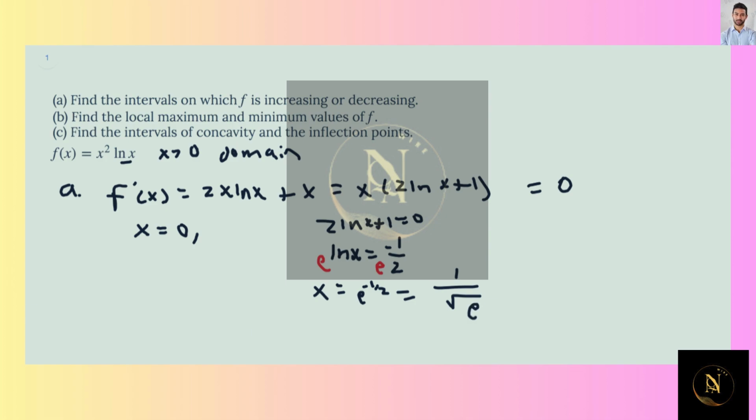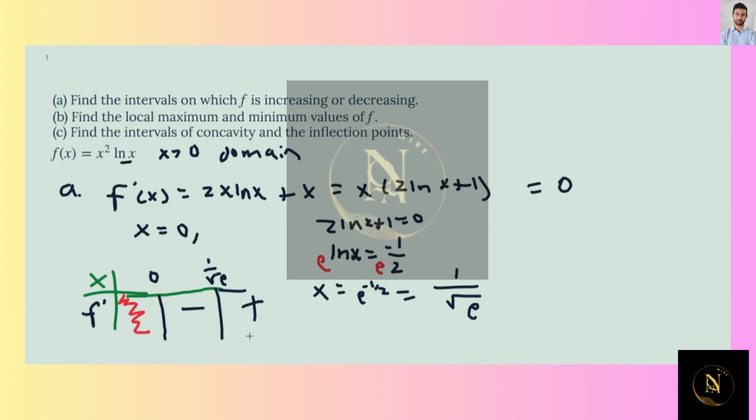So now we are going to apply a sign chart. Since we are looking at the values 0 and 1 over the square root of e, we ignore any values less than 0 because our domain is only x greater than 0. When you plug in values between 0 and 1 over the square root of e, you get a negative sign, and if you plug in anything very positive, you get positive.